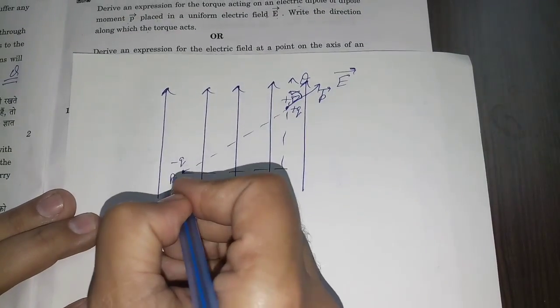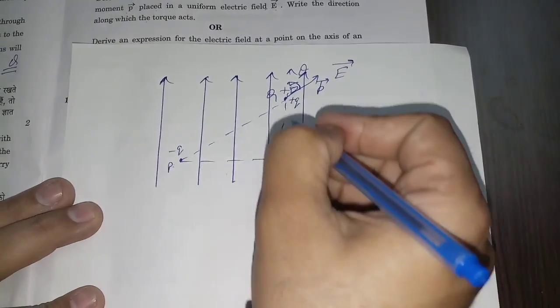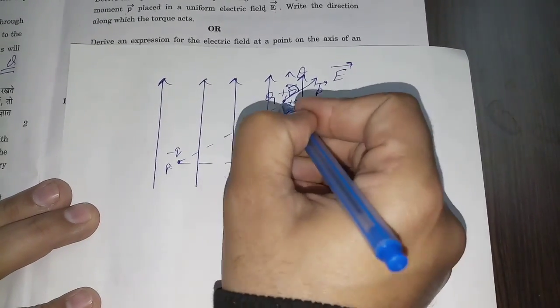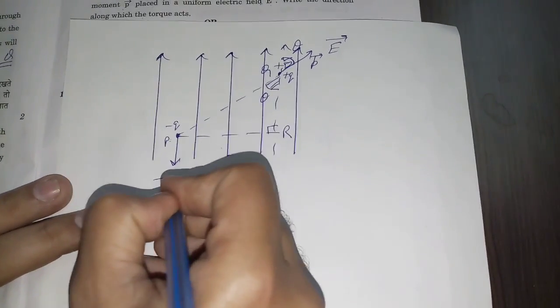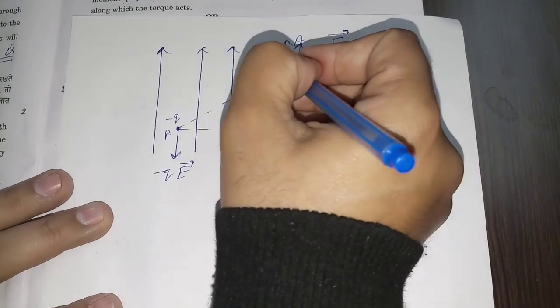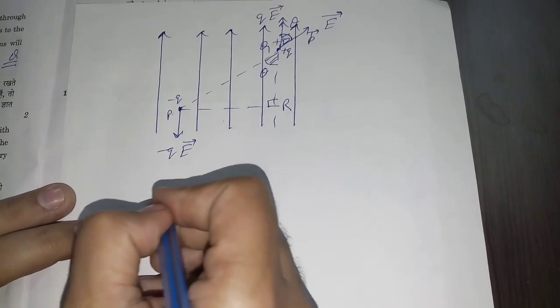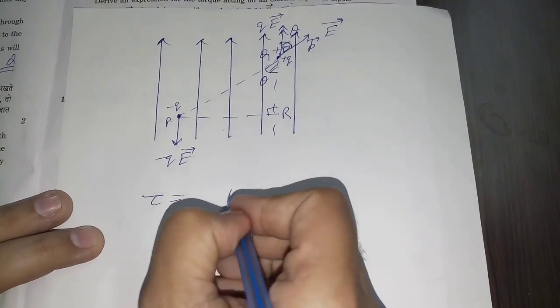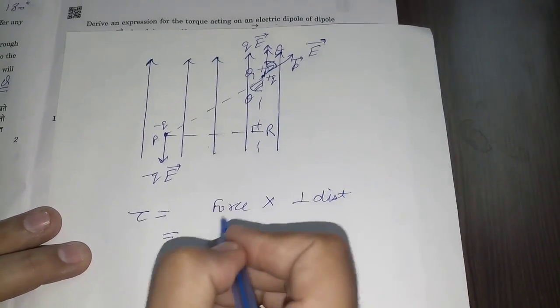So let's suppose this is P, this one is Q and this one is R. If this angle is theta, this would also be theta. So the force experienced by minus Q would be minus QE and this would be plus QE. Now let's find the torque. The basic formula for finding out the torque is force into perpendicular distance.